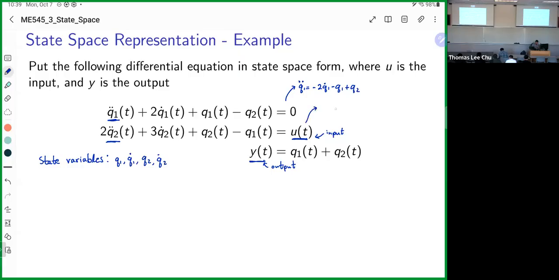Our second differential equation is going to be Q2 double dot is equal to minus 3 over 2 Q2 dot, so I divided both sides by 2 because I want Q double dot by itself, minus 1/2 Q2 plus 1/2 Q1 plus 1/2 U.